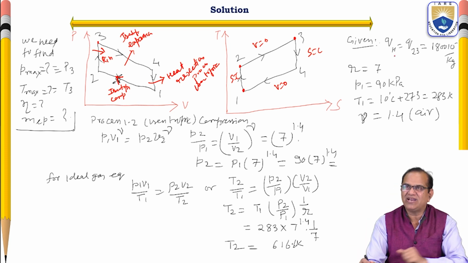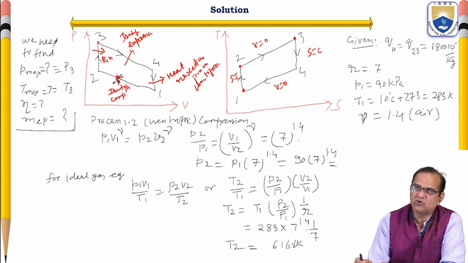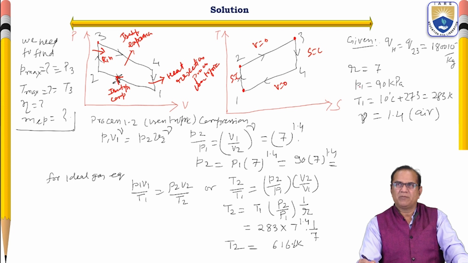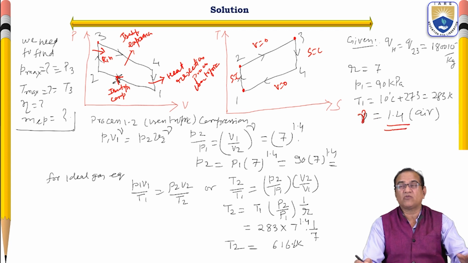The given is QH, Q23, equal to 1800 kilojoule per kg. Compression ratio is 7. Pressure at point 1 is 90 kilopascal. Temperature T1 is 10 degrees centigrade plus 273, 283 Kelvin, and gamma, if not given, you have to consider 1.4.